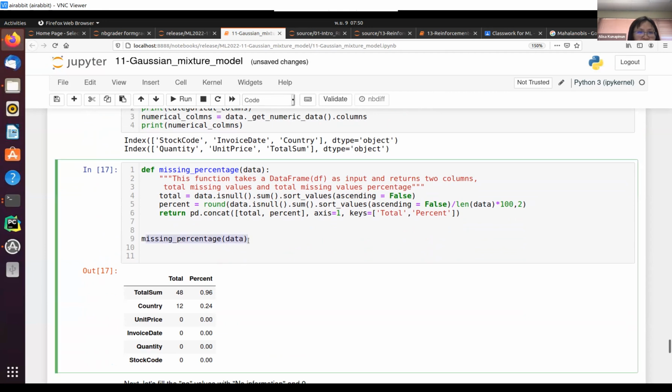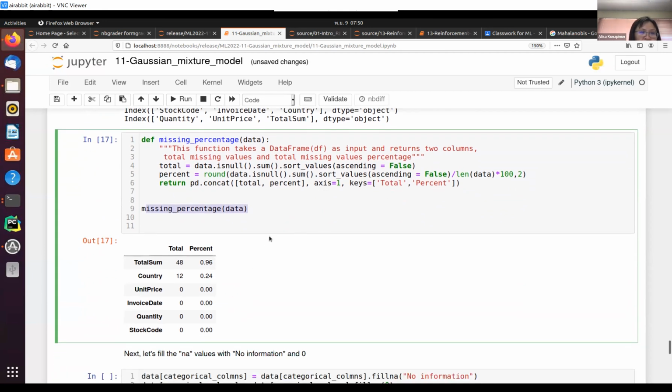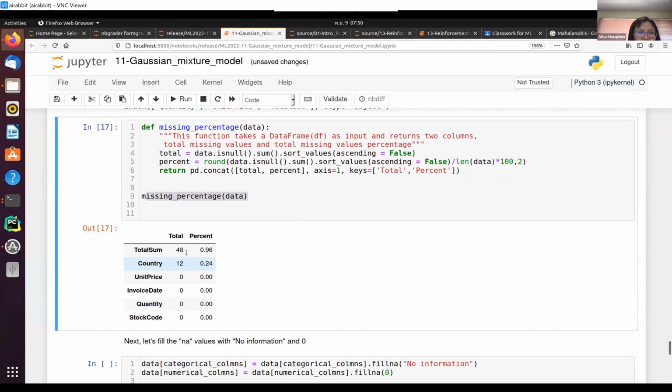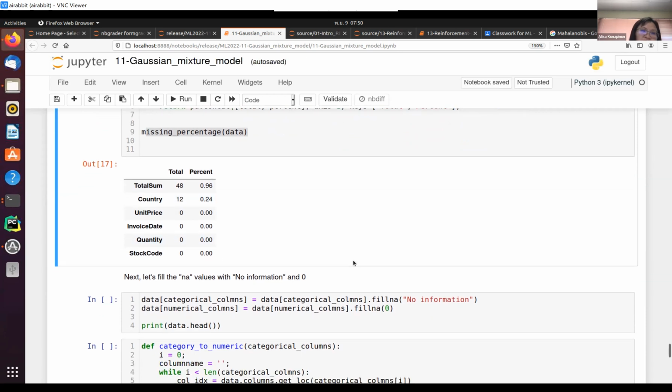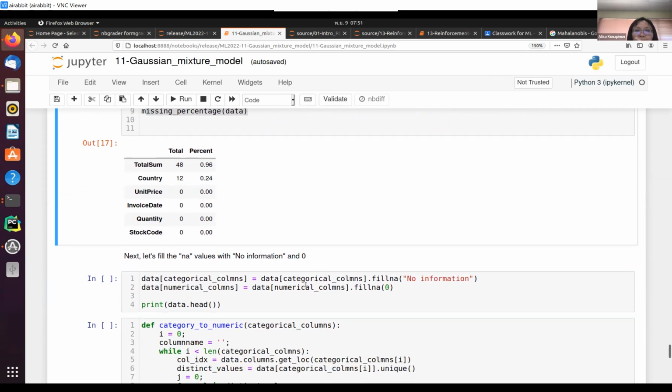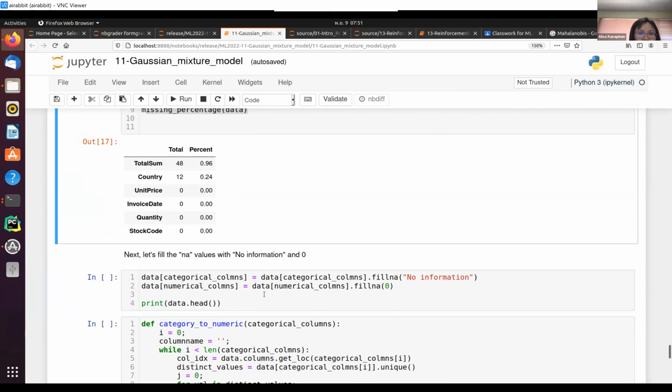Check the missing percentage first. Total sum has something missing, while Country and the other columns do not have the problem. So we try to change NaN to be 0.